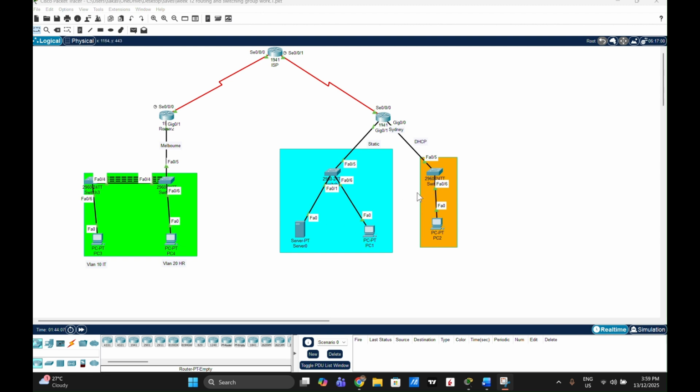In the previous design, the two sites were connected using RIP version 2 for routing. Now I will explain why RIP was not good enough. RIP works for small networks, but it has many limitations. It uses hop count as its metric, and it has slow convergence.